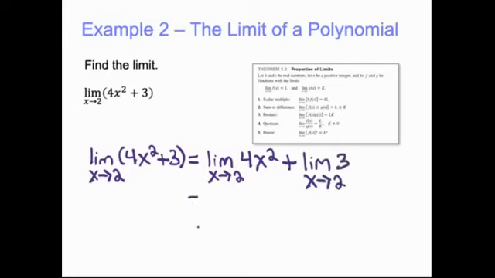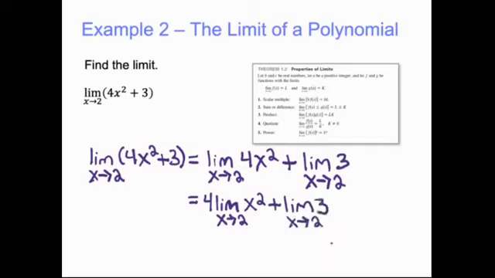And then we can use the scalar multiple property to bring the 4 out in the front. So we have 4 times the limit as x approaches 2 of x squared plus the limit as x approaches 2 of 3.